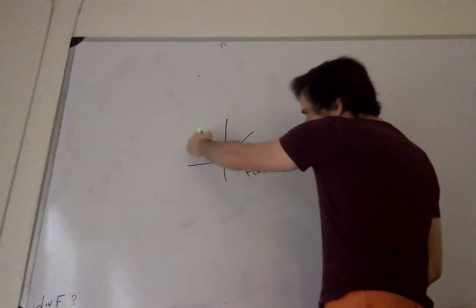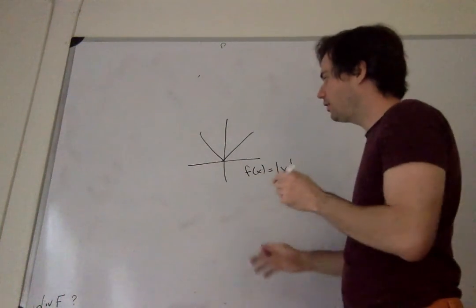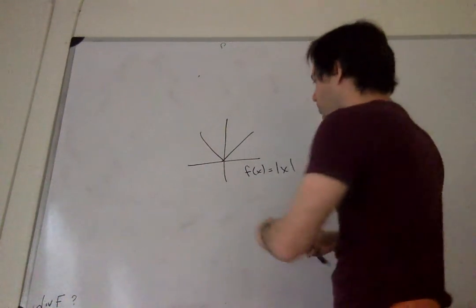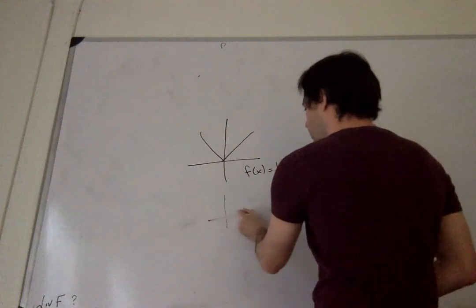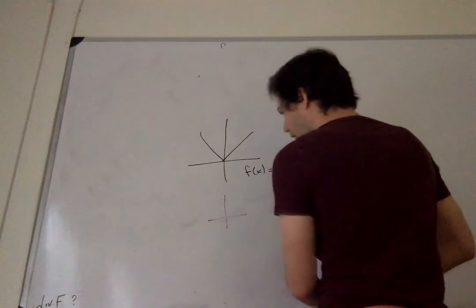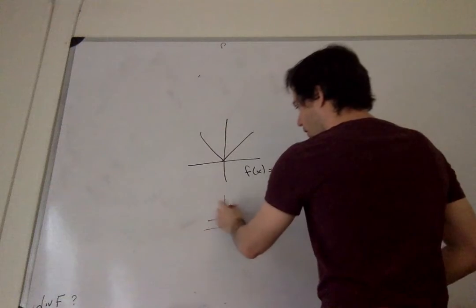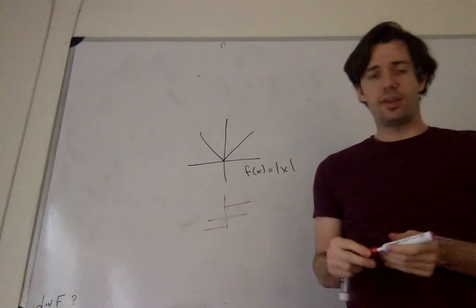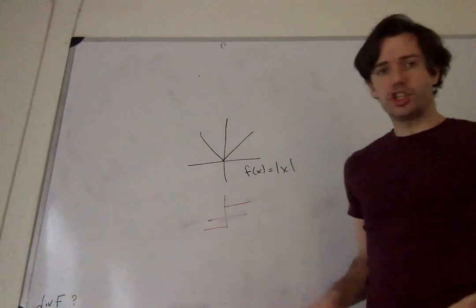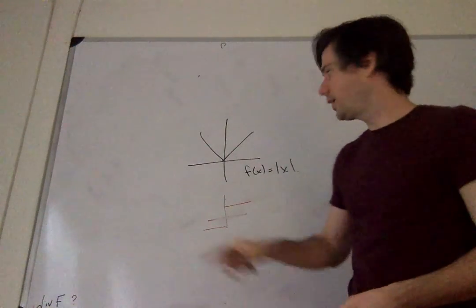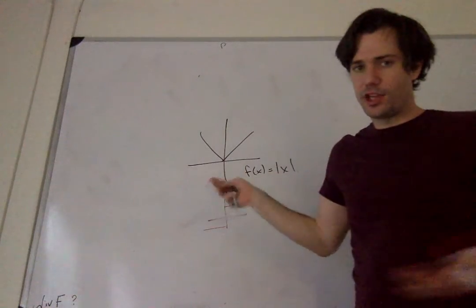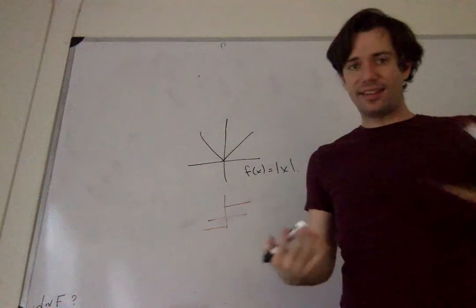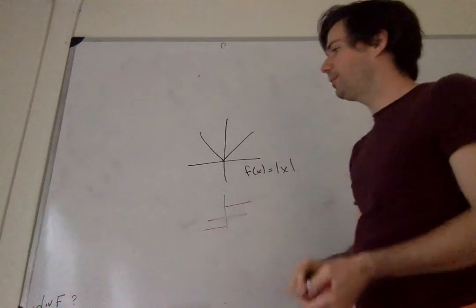If I try to compute the derivative, we know the derivative does not exist. So here's the plot of the derivative. It's going to be -1 on the left and +1 on the right, and at the origin, the derivative does not exist because they don't match up. So we don't say that this is smooth because it has a kink. It has a little point right there.